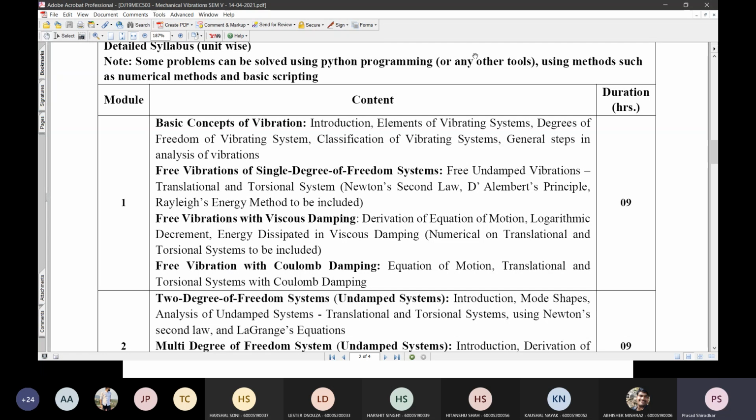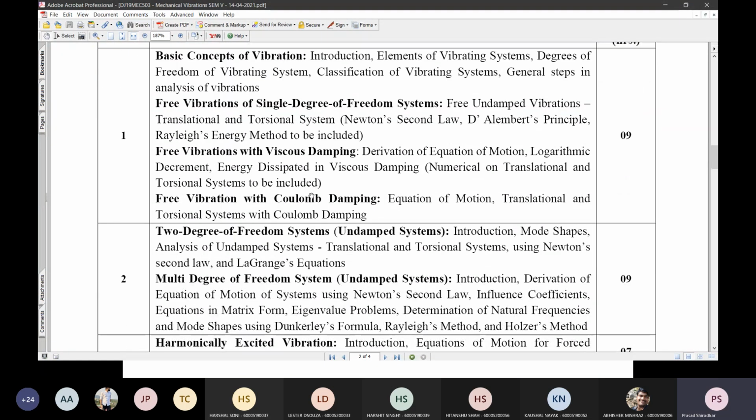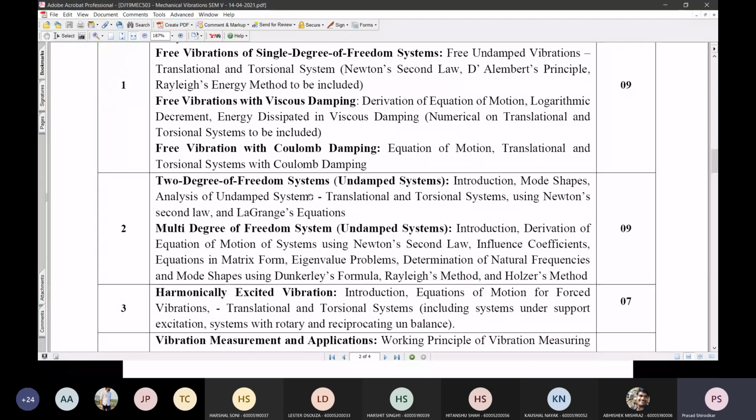Either it will be exactly mechanical vibration, or it will be vibroacoustics, which deals with sound and those kinds of effects. So this is a very popular area of research and study. A lot of work goes on in this area, especially internationally. So it is very important to study this subject in detail.